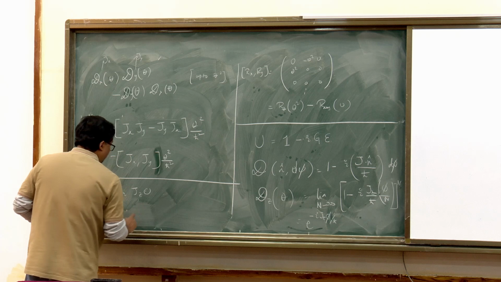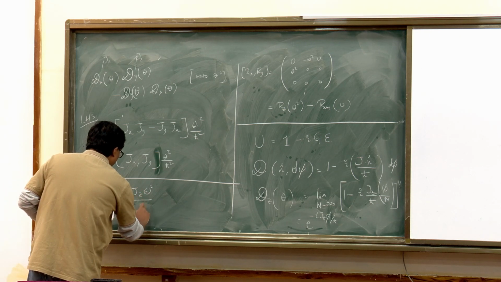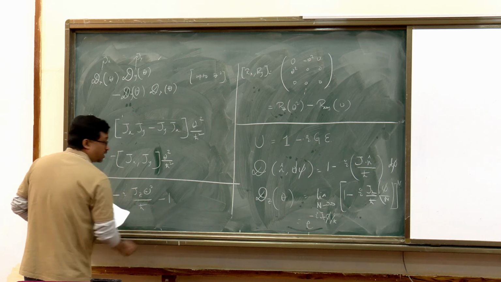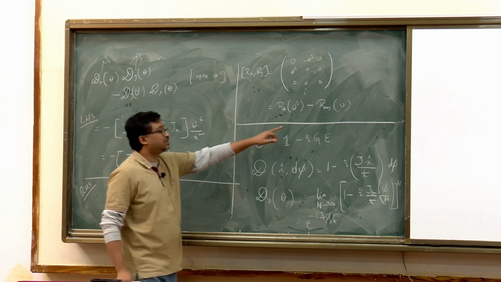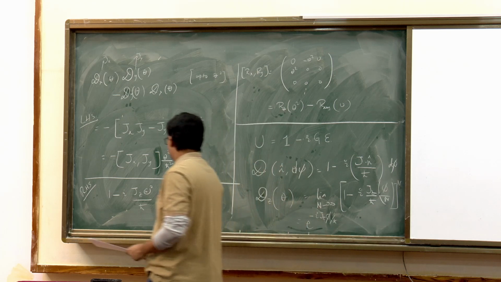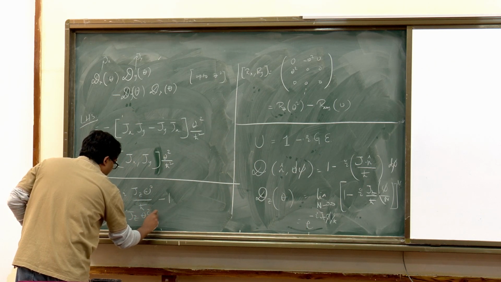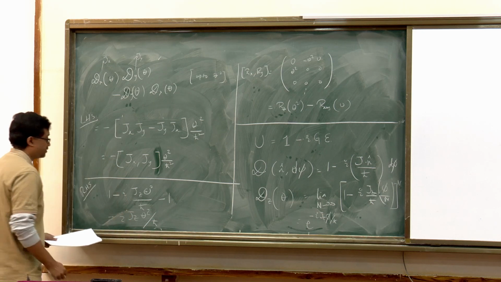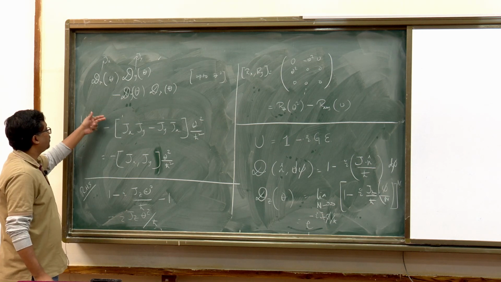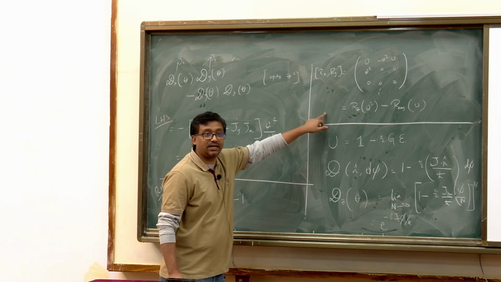We have replaced theta by theta square, right? Divided by h bar, minus 1, because that was our 1. So this is equal to minus i Jz theta square by h bar. So left hand side equals right hand side. Okay, that was our result here.